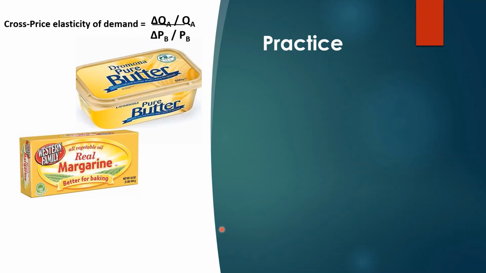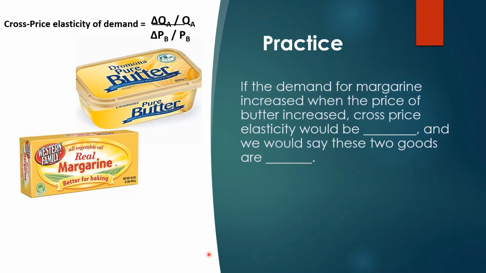To understand it more clearly, let us consider this example: if the demand for margarine increases when the price of butter increases, then what will be the cross price elasticity? You can see that both the quantity demanded for margarine and the price of butter are moving in the same direction. Both are increasing.